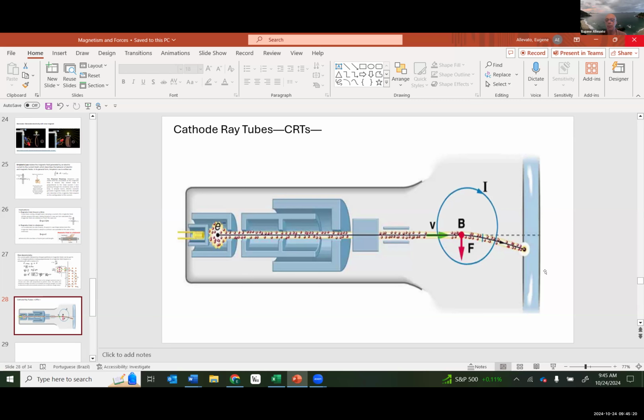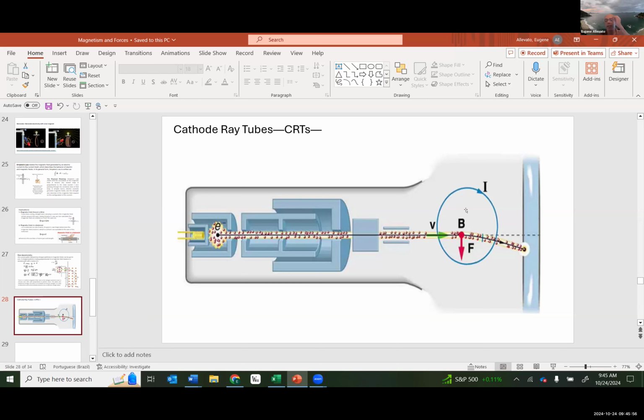So now I'm assuming you understand why the magnetic field causes the beam to deflect, go on a curve here, and hit a different point depending on the strength of that magnetic field. And it's going to affect the force. The velocity of the particle is in the direction of the screen, and if there is no magnetic field, it goes straight to this one point.